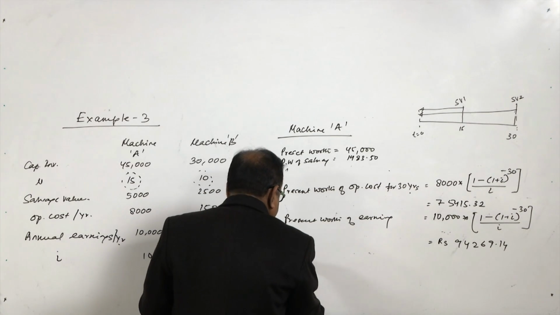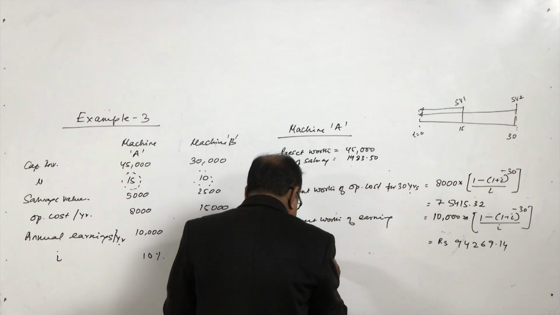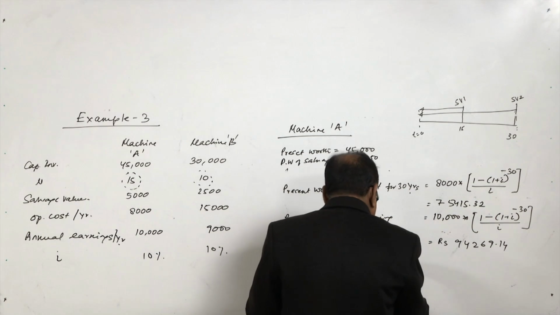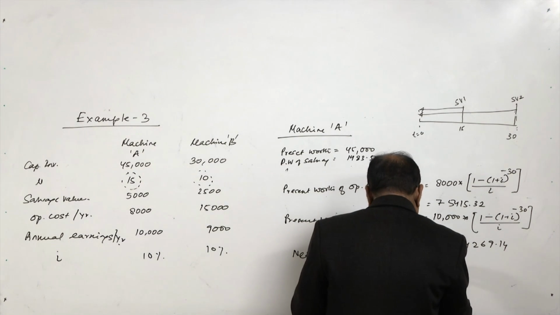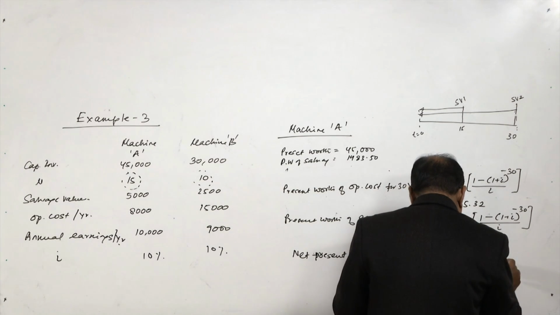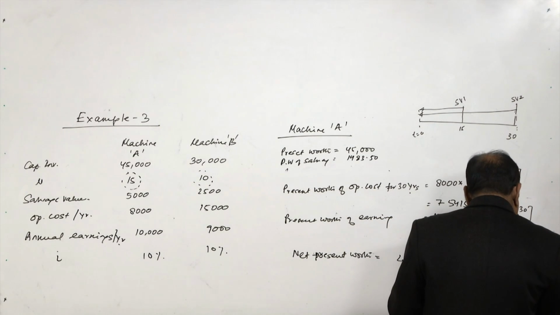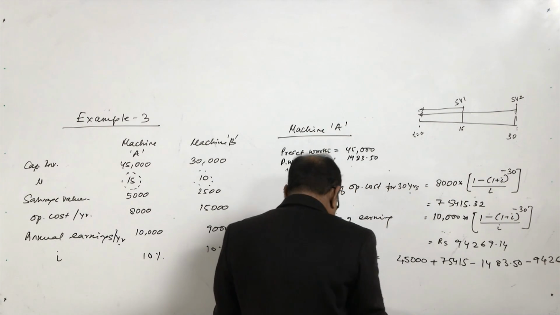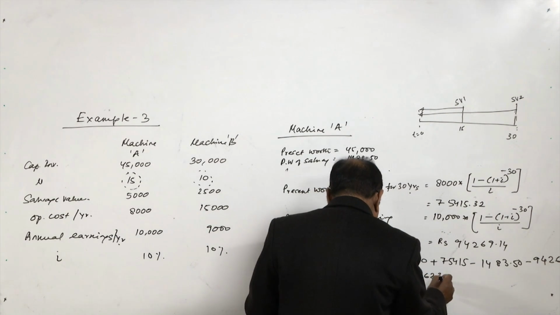Now, if I find out the net present worth, this is 45,000 plus 75415 minus 1483.50 minus 94,269.14, and this comes out to be rupees 24,662.36.